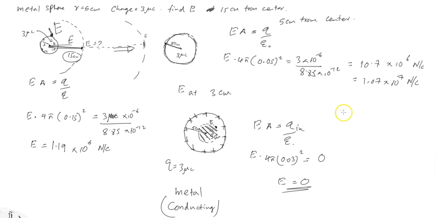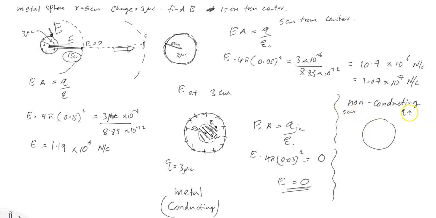Now here's another interesting situation. I can give you a non-conducting or insulating sphere. I say there's 3 microcoulombs, and the radius is also 5 centimeters.